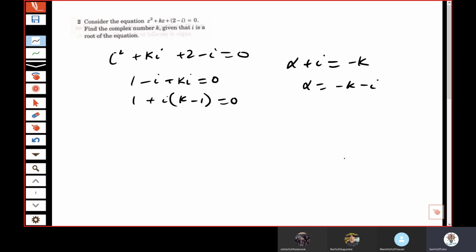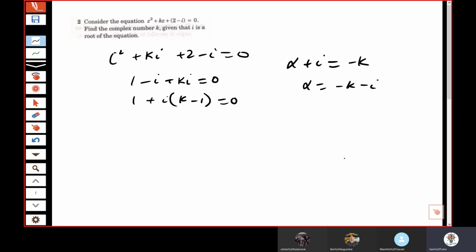What's wrong? Why is this not working out? Let me just go back to basics. Give me a second. Let me just think what I'm doing. z squared plus kz plus 2 minus i. If I solve it, I'll work out z, which means I'll work out both roots. But when I solve it, I'll still have k's, which means I can't solve it.